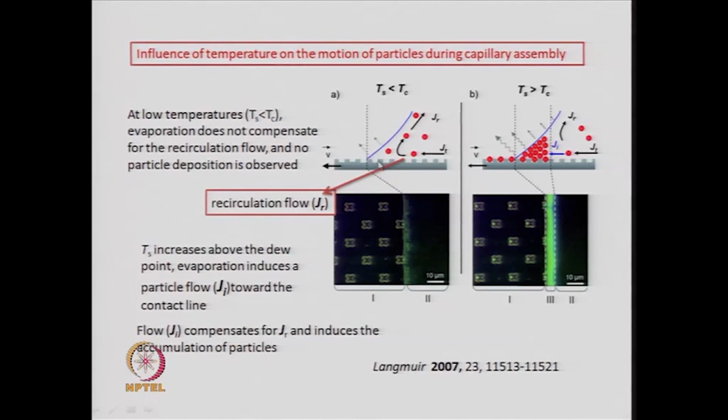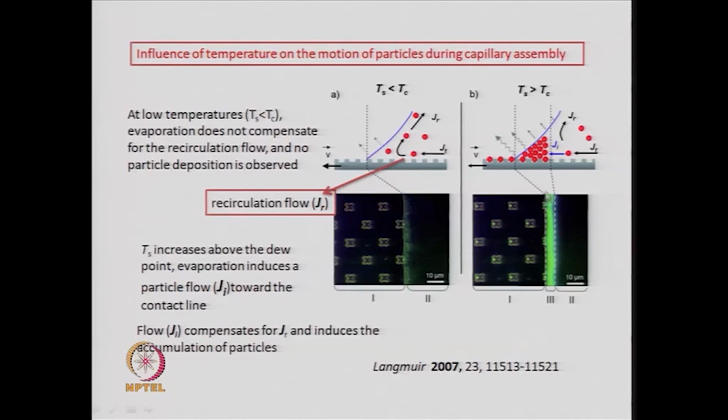Since there is some evaporation, but it is not sufficient, because the recirculation is pretty high, you do not have any patterning. But if the substrate temperature is high, the evaporation rate is high, and then you have this kind of self assembly in these patterned substrates, where the particles are getting collected, and at the contact region you have this self assembly of particles.